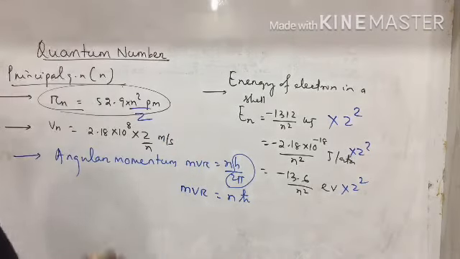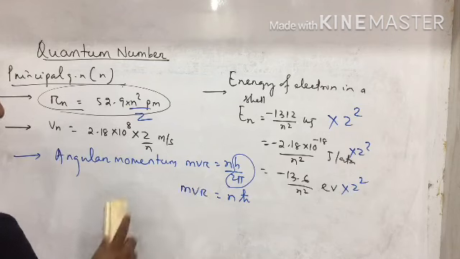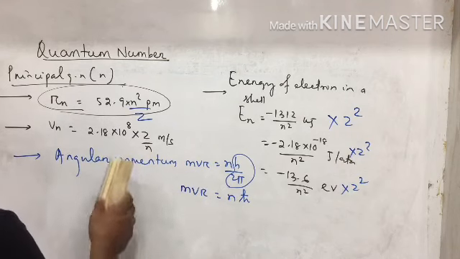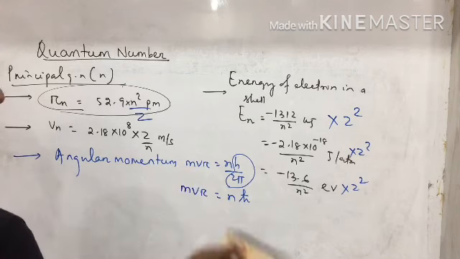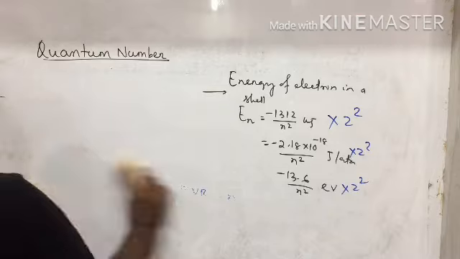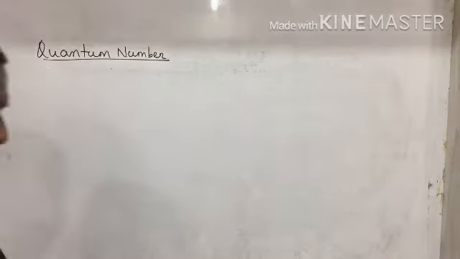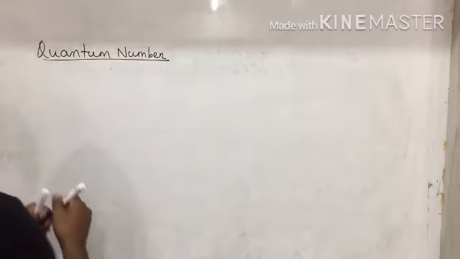So how can we remember? These are the information explained by principal quantum number, actually Bohr's atomic model: cell, number of electrons, energy, radius, velocity, angular momentum, and line spectra. Clear? So how can we quickly remember the angular momentum in terms of all four quantum numbers?